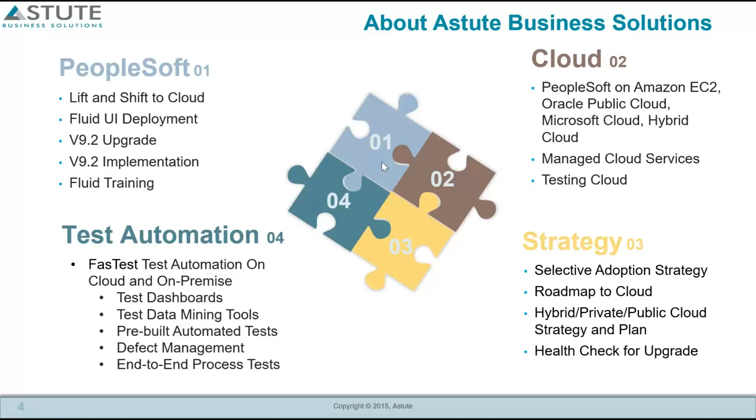So we can help you build that roadmap, and we've done that successfully for several customers. We also offer what we call a health check service. If you're planning to upgrade and you haven't yet analyzed your PeopleSoft applications and determined how to structure your upgrade, whether it's a functional upgrade or technical upgrade, whether you want to incorporate new features, de-customize, how you should approach all of it, and how you should estimate that.